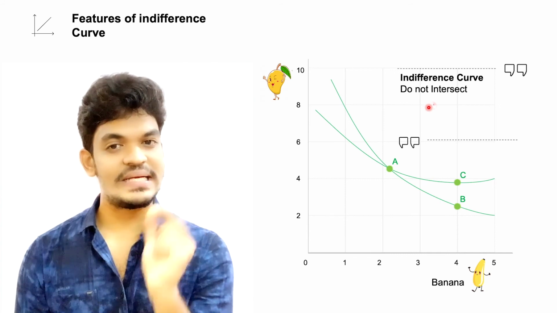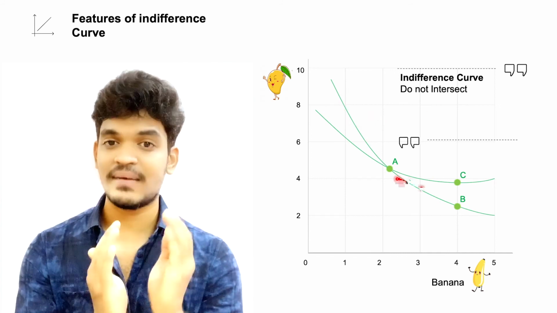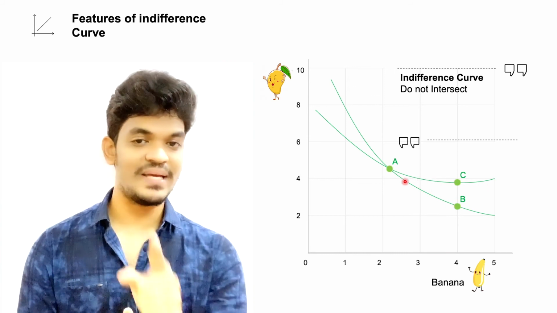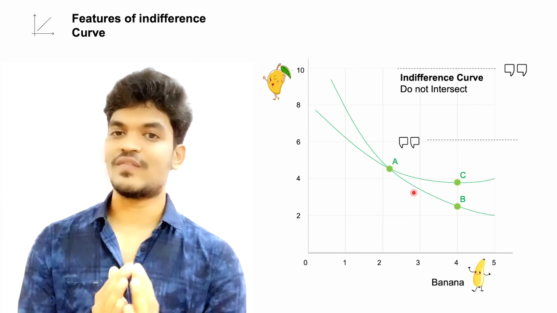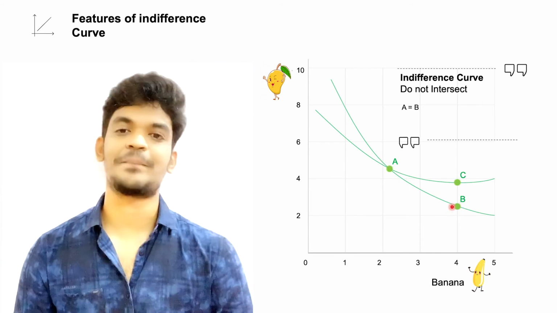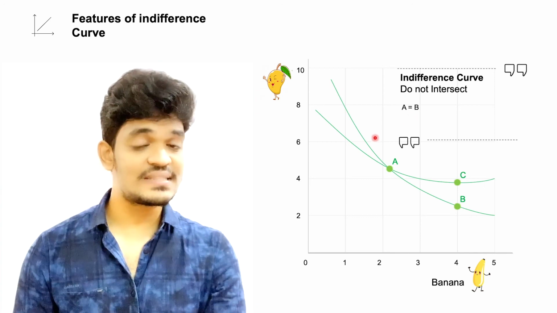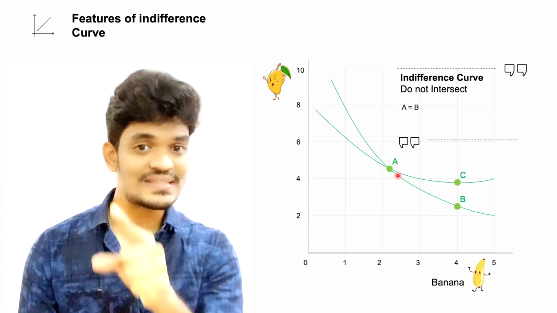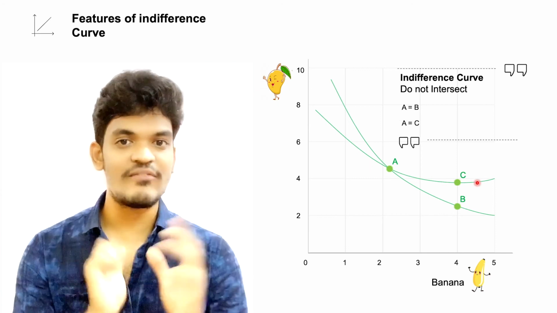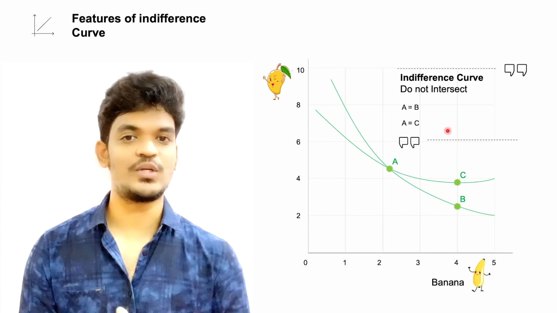Any point on the indifference curve will give us the same level of satisfaction. A and B are on the same indifference curve, so we get the same level of satisfaction. So A is equal to B. And A and C are also on the same indifference curve, so A is equal to C.